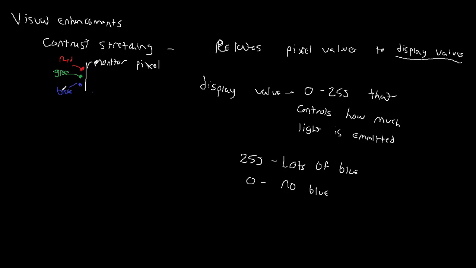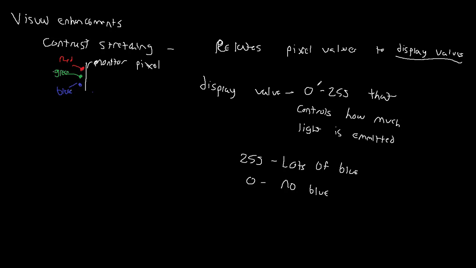I'm just using blue as an example. You're going to have 0 to 255 for blue, for green, and for red, where 0 means don't emit any of that color, and 255 means emit as much of that color as you can.